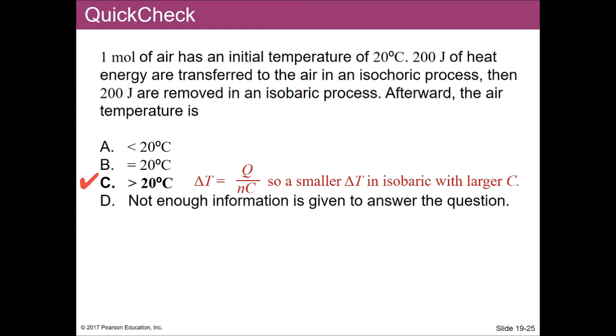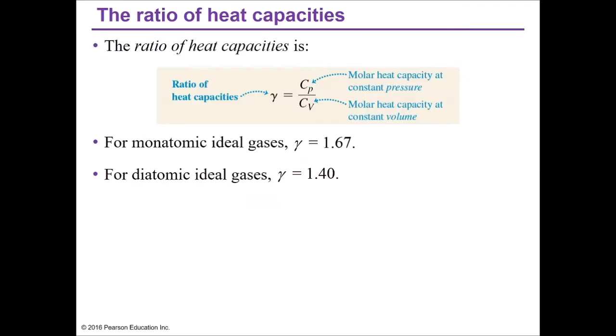Then when you remove heat in the isobaric process, remember some work is involved. So it's not the same 200 joules in terms of what they're doing. Some of that is done in terms of work, so in reality you probably only have 180 or 170 for the temperature change. So we're not going to get back down to the same temperature. Did I hammer that into you enough already?